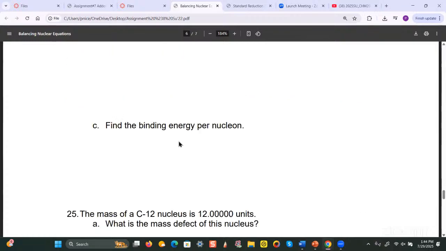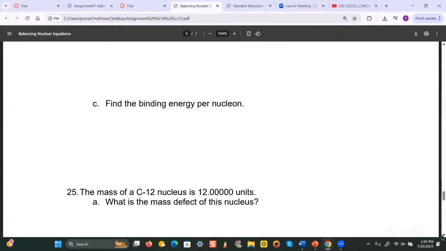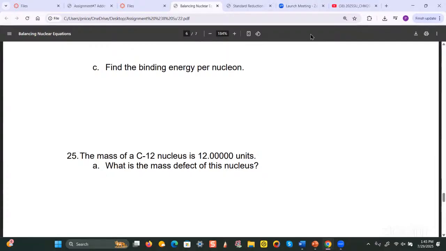Now this is asking for the binding energy per nucleon. Binding energy per nucleon is equal to, what was the binding energy before, 8.478 mega electron volts, divided by the total number of particles in the nucleus, which is what?